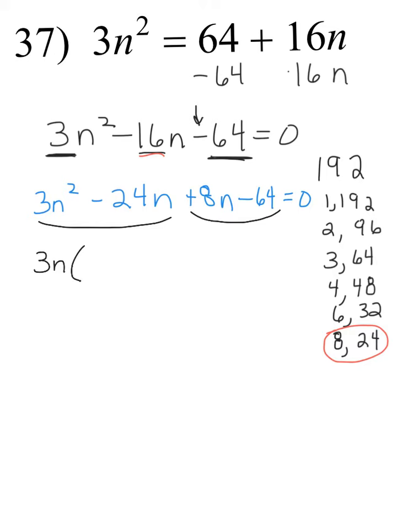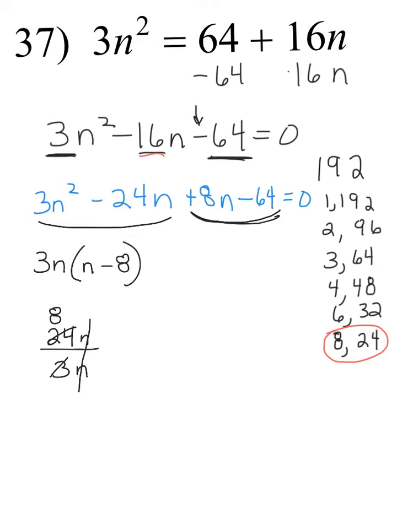And what's left, when we factor out 3n from 3n squared, we're left with n. So what I mean by factor out is we're dividing out a 3n. So 3n squared divided by 3n gets me n. Now we have 24n, and we're going to divide out 3n. And so the n's divide out, and the 24 divides with 3, and we have 8. So we're left with a negative 8.